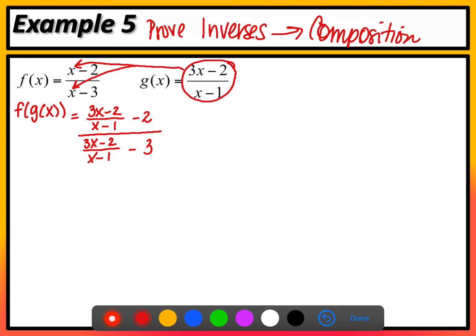And that's in the denominator. Okay, so now in order to simplify this, and you can do it one at a time, you're going to want to make common denominator. So a common denominator for your numerator and then for your denominator.